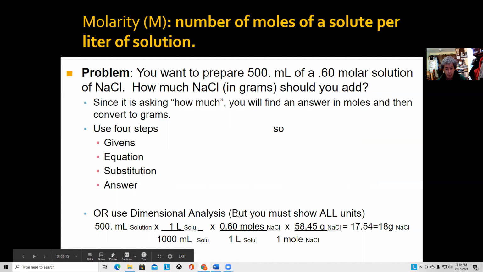Then once we know how many moles of salt we have, multiplying that by 58.45 grams of NaCl per mole of NaCl will then give us the total number of grams of NaCl, which in this case would be roughly 18 grams NaCl.